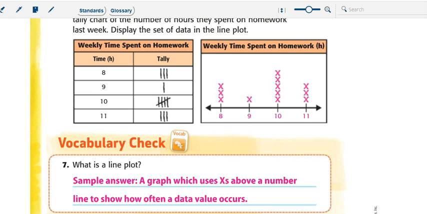Now, over the number 8, you have to draw 3 x's. Over the number 9, 1 x. Over the number 10, 5 x's, and over the number 11, 3 x's. Okay, remember to look at the tally chart to answer the line plot.